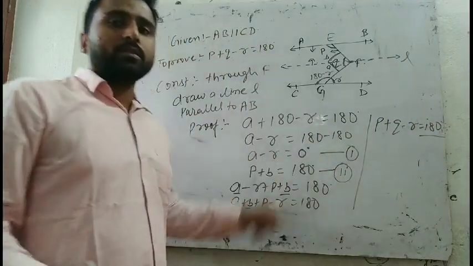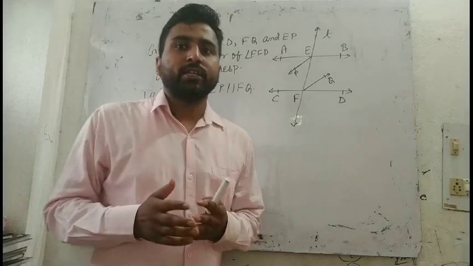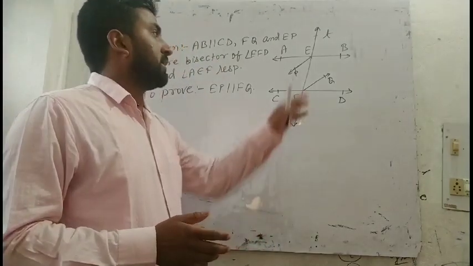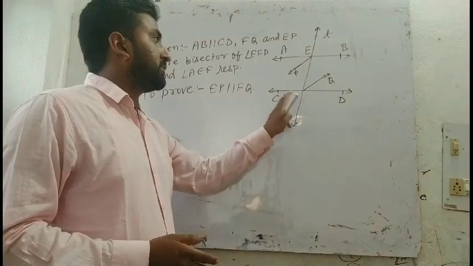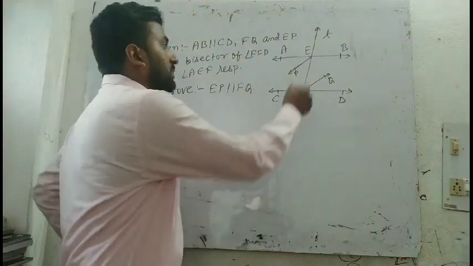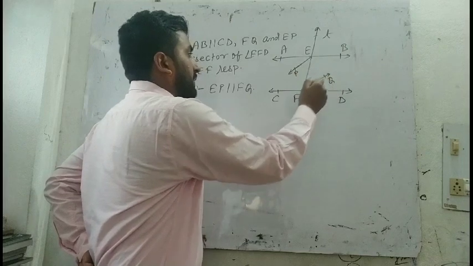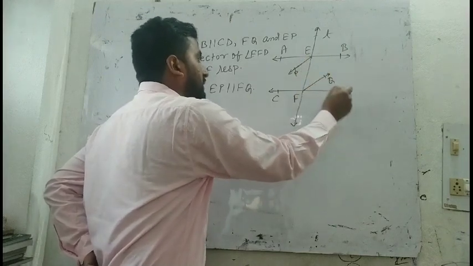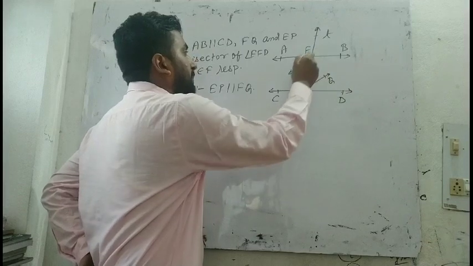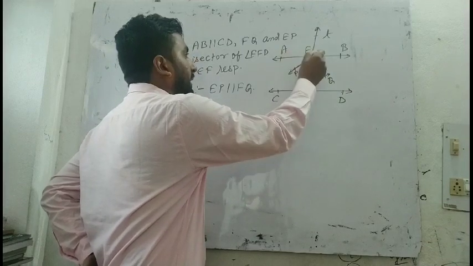Okay, this is your answer. In this question, AB is parallel to CD, and ray FQ is the bisector of angle EFD, and EP is the bisector of angle AEF.